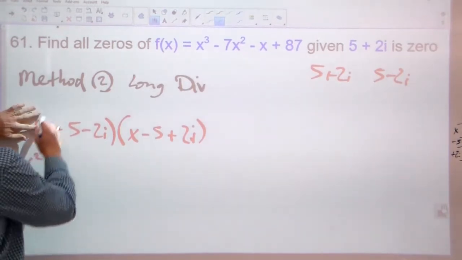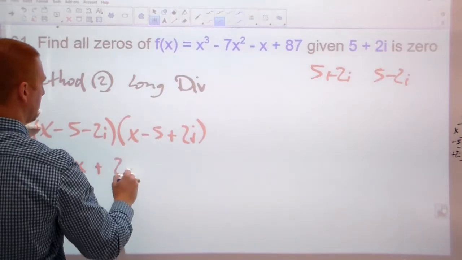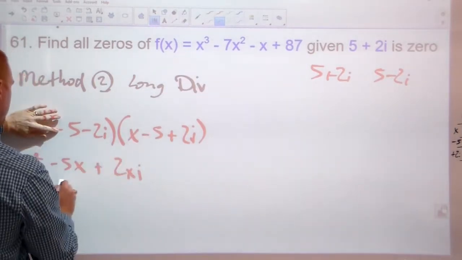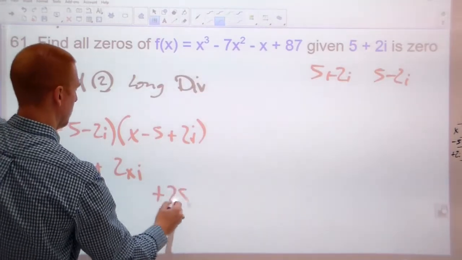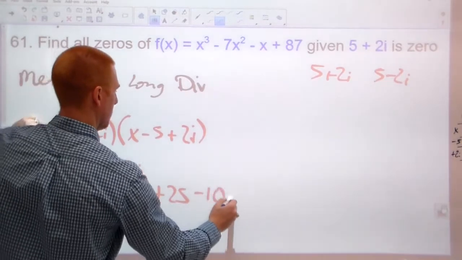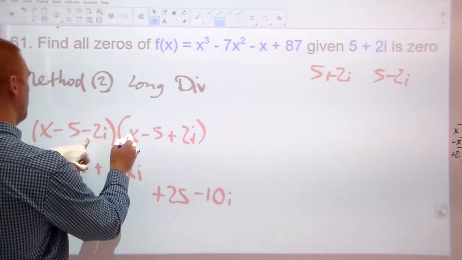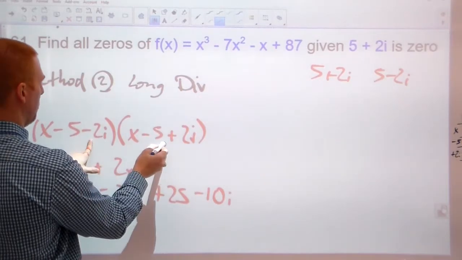You get x squared minus 5x plus 2xi minus 5x plus 25 minus 10i and then negative 2ix, or xi, plus 10i.